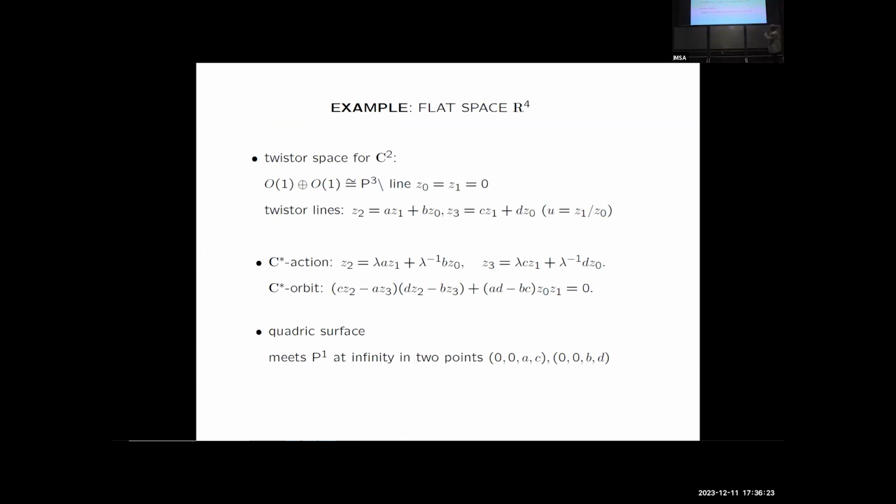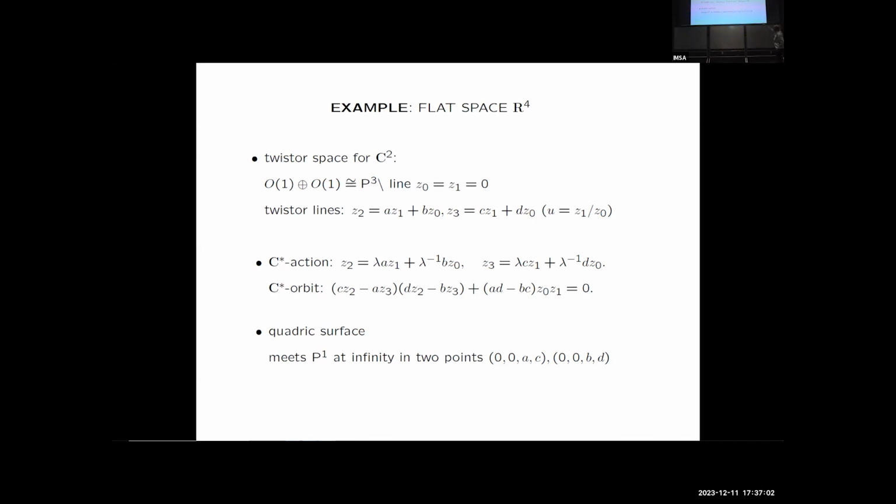So first of all, let's again look at the case of flat space. So here we have the twistor space, the direct sum O1 plus O1 over P3, so it's P3 minus the line where Z1 is 0. And the twistor lines are just given by, of course, a pair of linear functions, like this. And here's a C star action, and for the C star orbit, you can just eliminate lambda, and you see that you get a quadric surface.